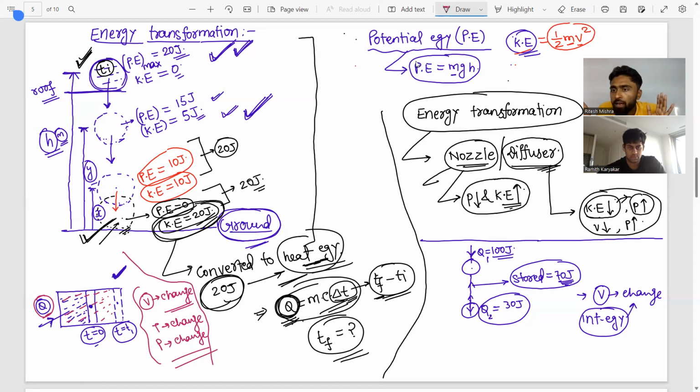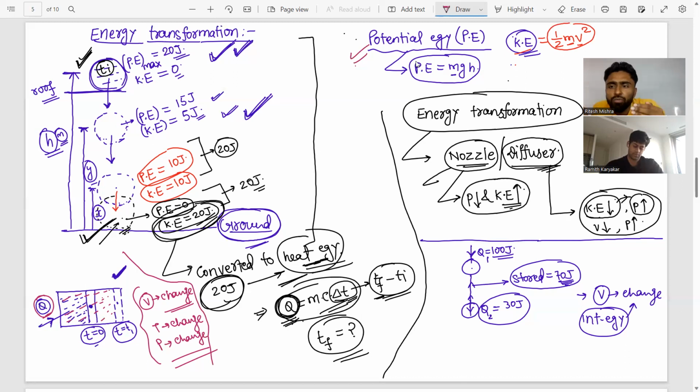Okay, my dear. So this is basically your energy transformation concept. In the energy transformation concept, I have told you about potential energy and kinetic energy. And what are the examples of energy transformation devices? Nozzle and diffuser.